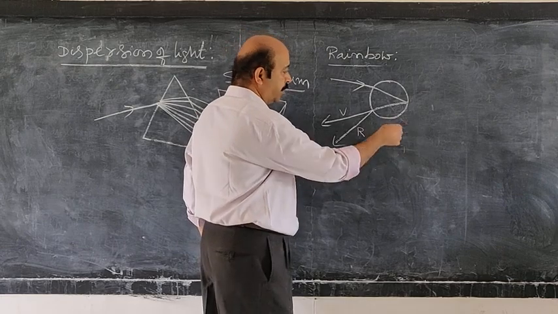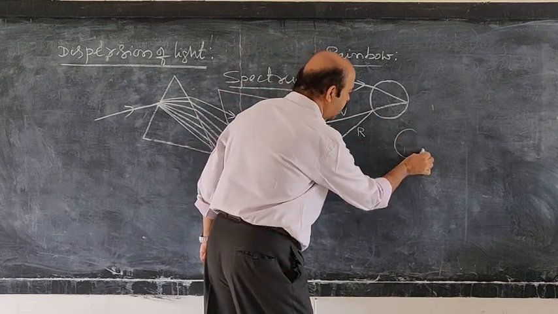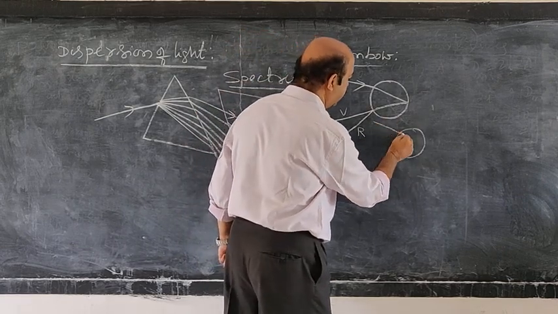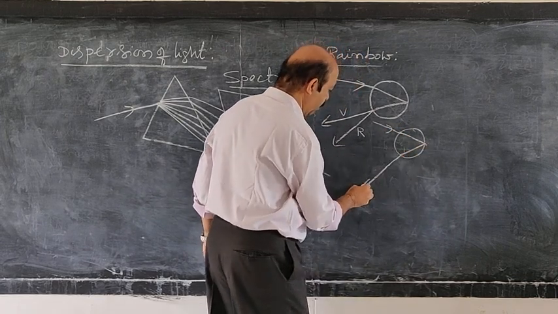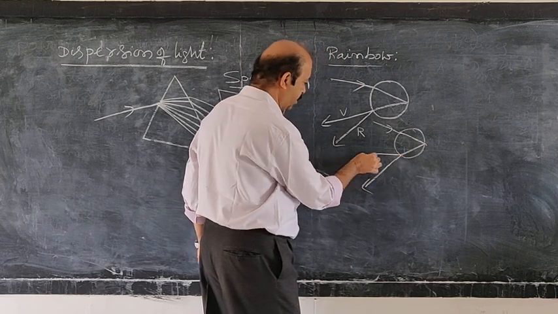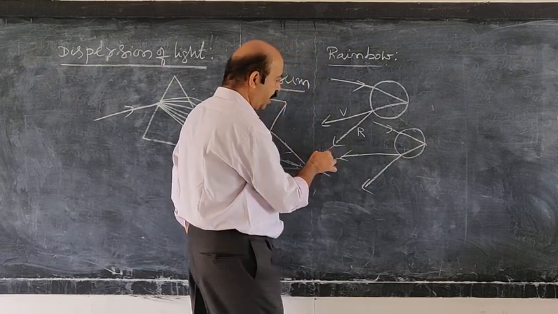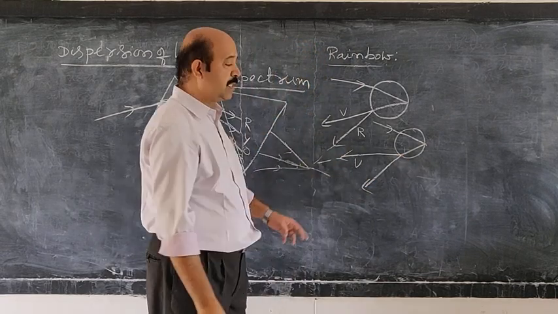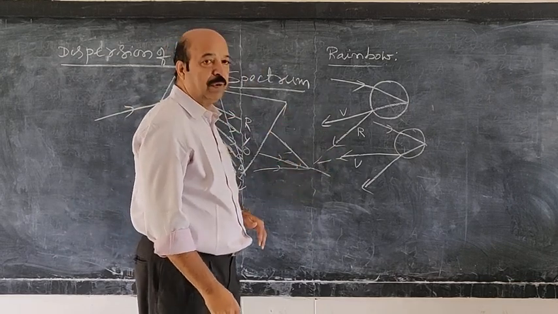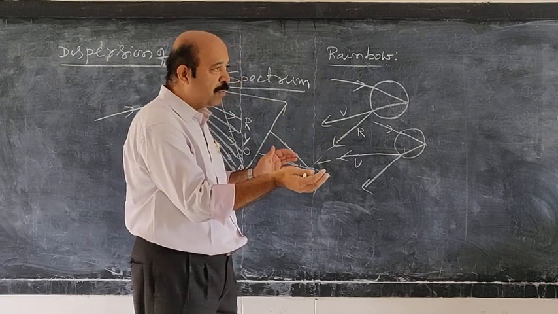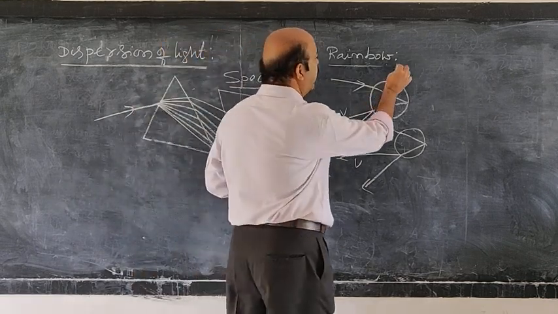Like that, from the next droplet, suppose the light gets refracted like this. So red is coming like this, violet is coming like this. For an observer, he sees the red color on the top and violet color at the bottom. So you can observe a rainbow, which we call the primary rainbow.